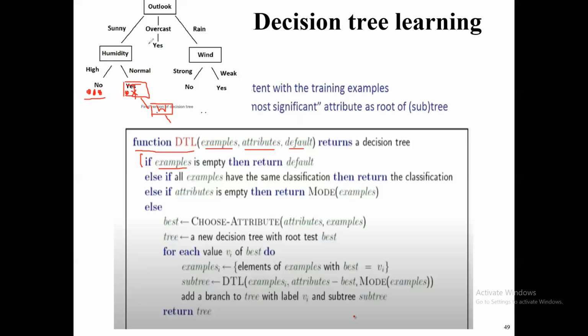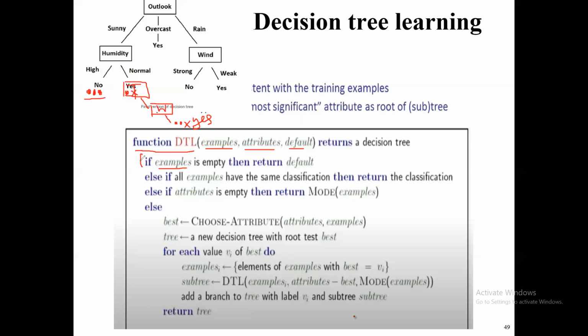If a case arises that still after splitting with all the attributes, we do not reach a leaf node, that is, all the remaining examples do not have the same classification, then what we do is just return the majority of the classification. That is, if there are two yes examples and one no example, then we return yes for this specific branch.